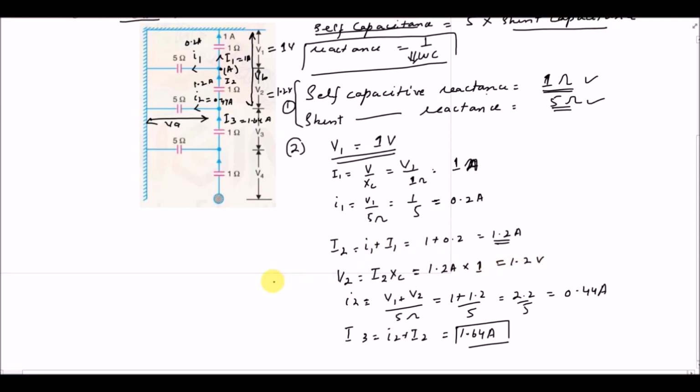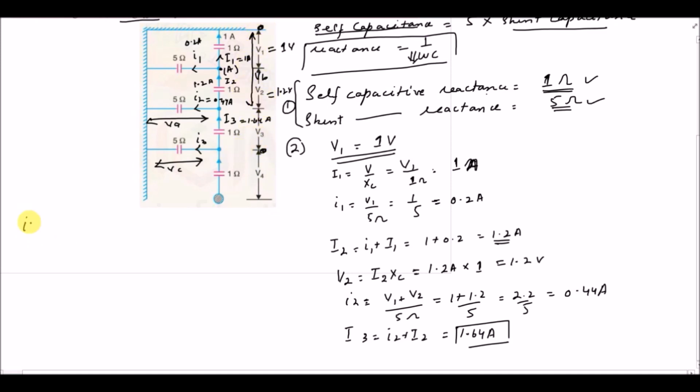Now what we have to find is this current, small i3, right? So now this voltage, for example VC, is the same voltage from this point till this point. So this is the summation of V1 plus V2 plus V3.